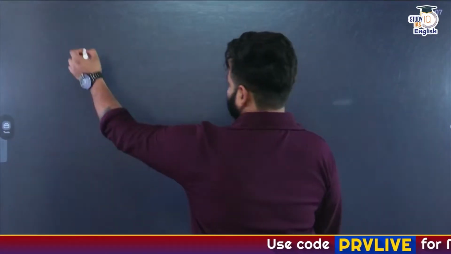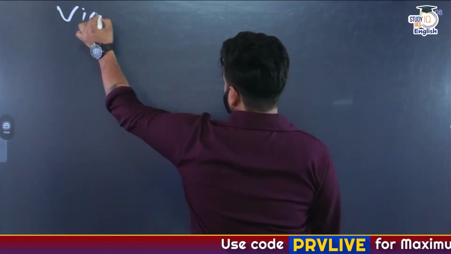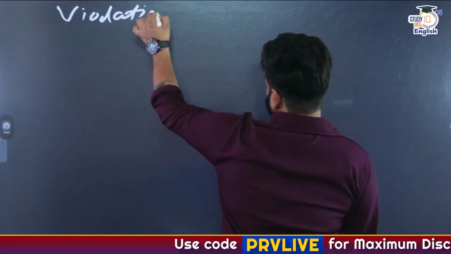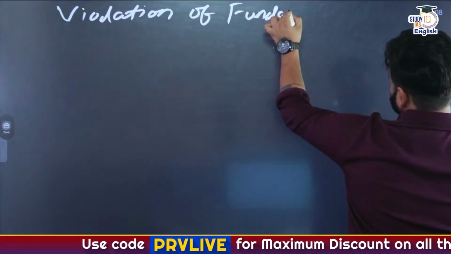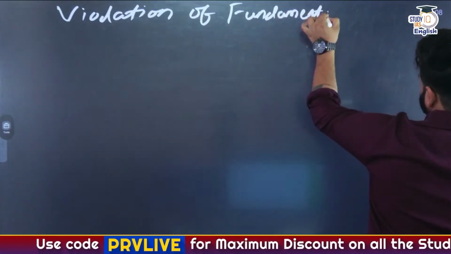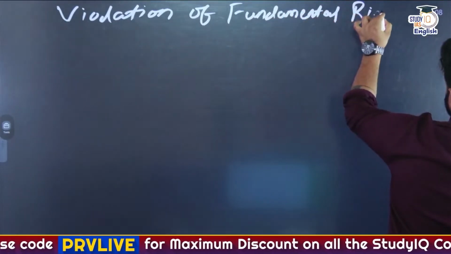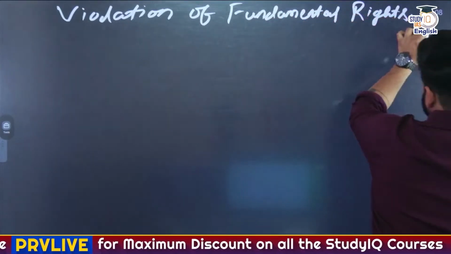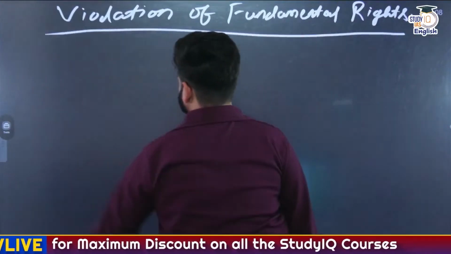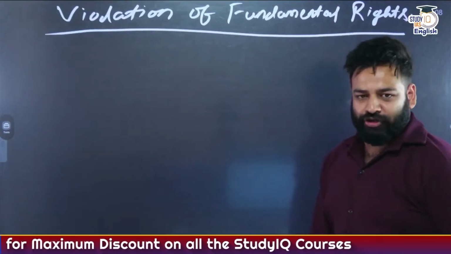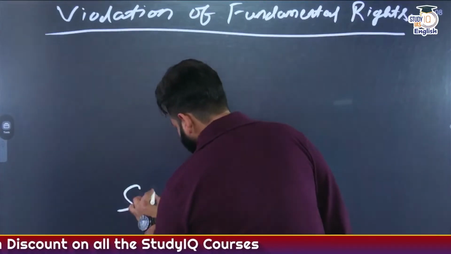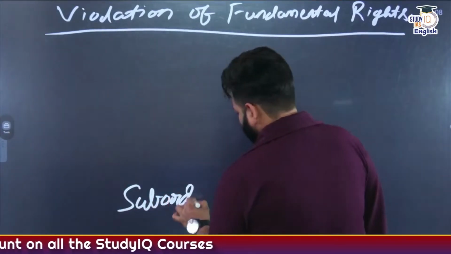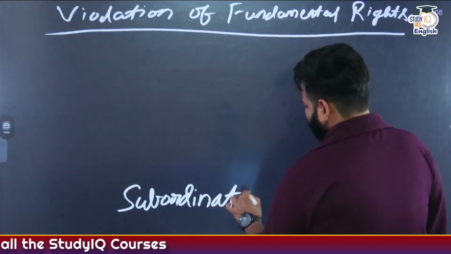If it is the case of violation of my fundamental rights, in case my fundamental rights have been violated, abridged or infringed whatsoever, then once again there are subordinate courts, but skip them.